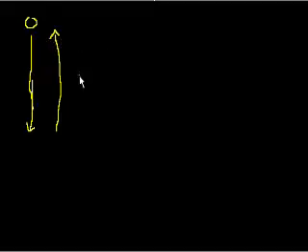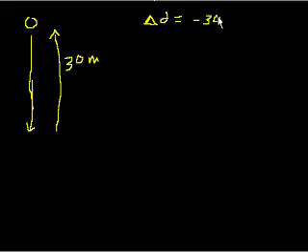Let's say it's not too tall. Let's say we're throwing it from the 10th story, so it's roughly 100 feet, or about 30 meters. So the ball is going to go 30 meters down. So the change in distance is going to be minus 30 meters. The ball is going to fall 30 meters.